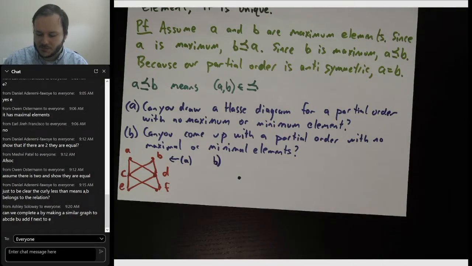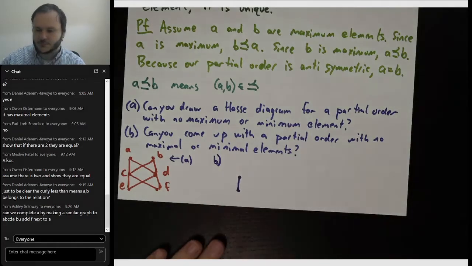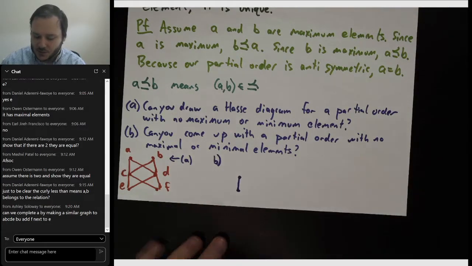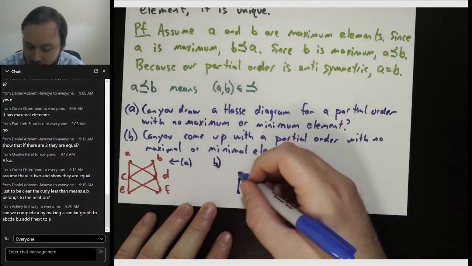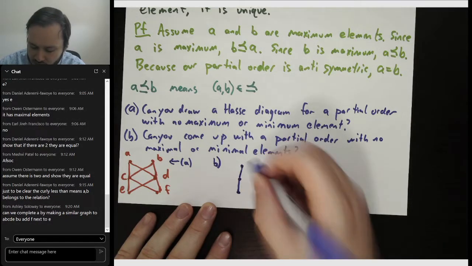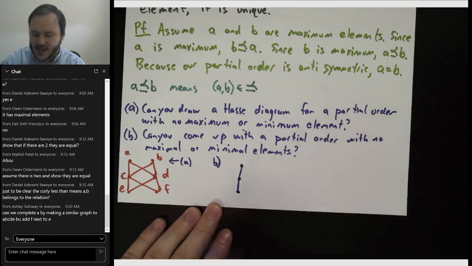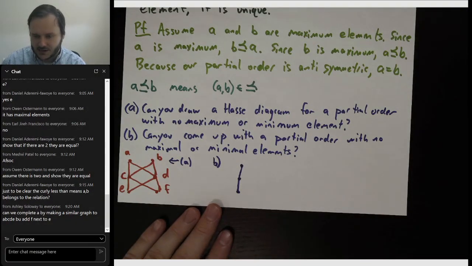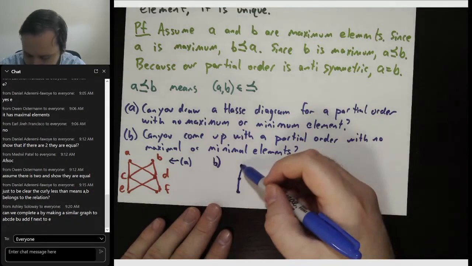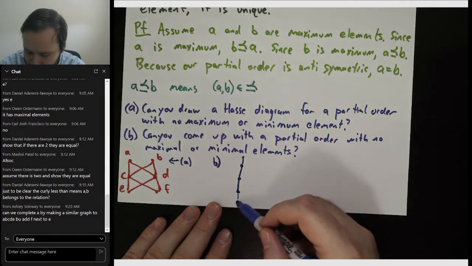It's not maximum, so there's something below it. But it's also not minimal or maximal. So if it's not minimal, then there's something above it. If it's not maximal, then there's something below it. And then I can apply that same reasoning to this element. There's got to be something above it. And there's got to be something below this one.